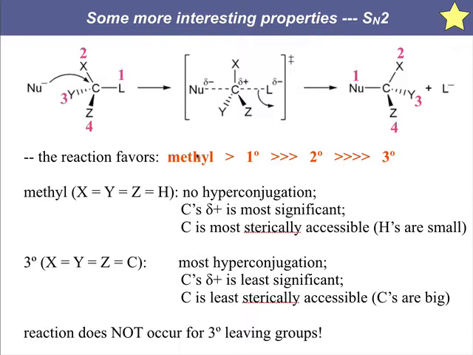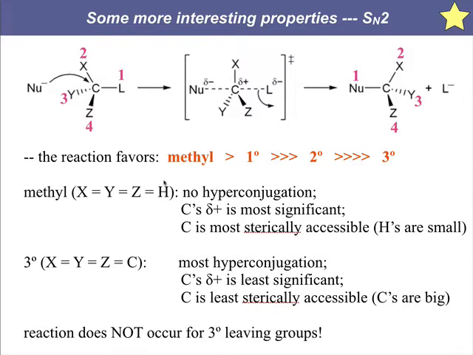It favors methyl carbons over primary carbons, over secondary carbons, over tertiary carbons. The smaller our groups are on this carbon, the better. So the fewer carbons that are attached to our attacked carbon, the better. So methyl would mean that X, Y, and Z are all H's.